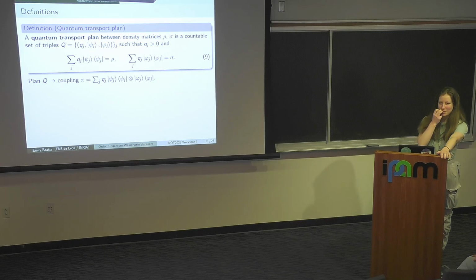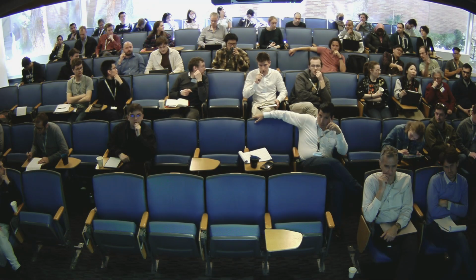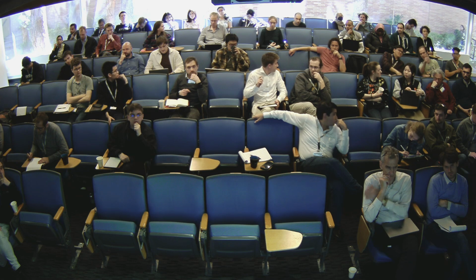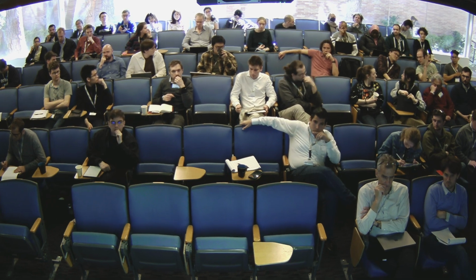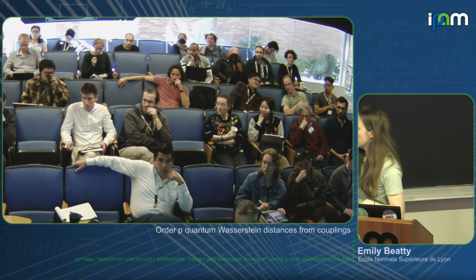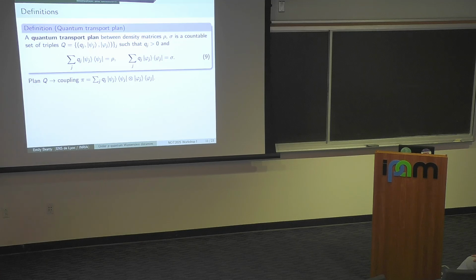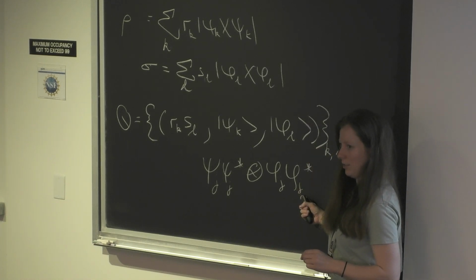Go on, Aaron. I'm not familiar with the notation in the coupling where you have a tensor product in the middle of the bracket. Sorry, say that again? Not familiar with that notation in the coupling where you have the tensor product in the middle of the bracket. If I write it like this, within the psi_j, phi_j, is that better?